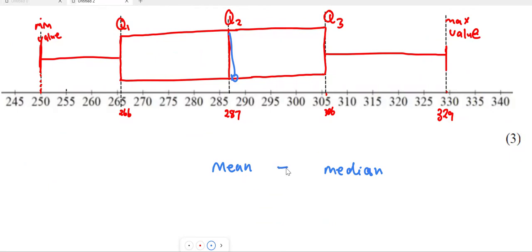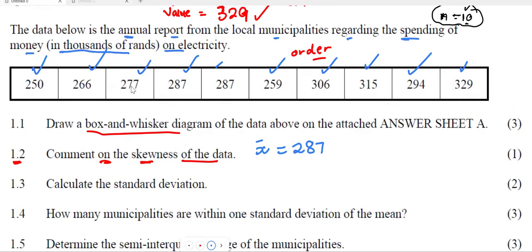So we can see that the mean and the median are exactly the same. Therefore, it is symmetrical. You could have also worked from the mode. Remember, we said the mean and mode will be the same. The mode is also 287. That's another thing to compare.